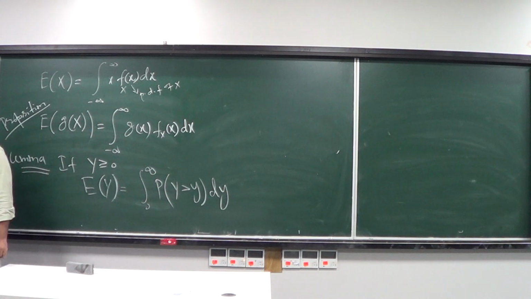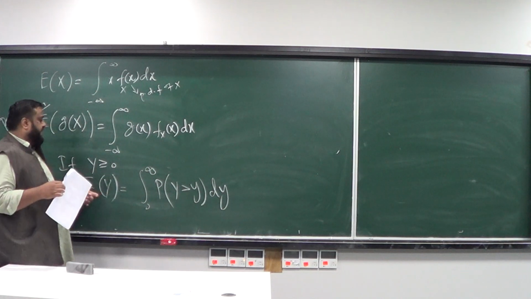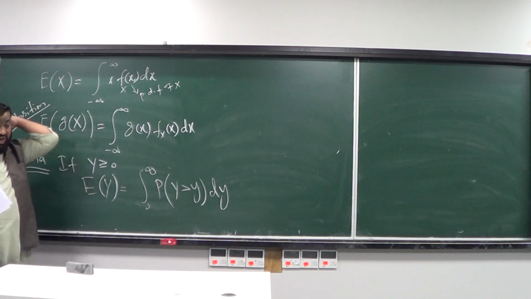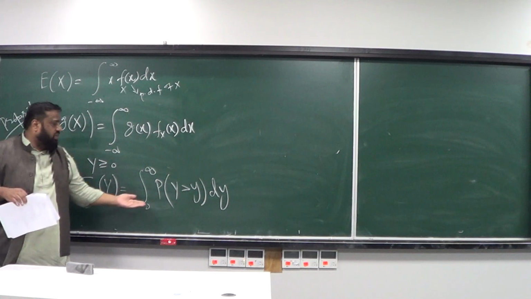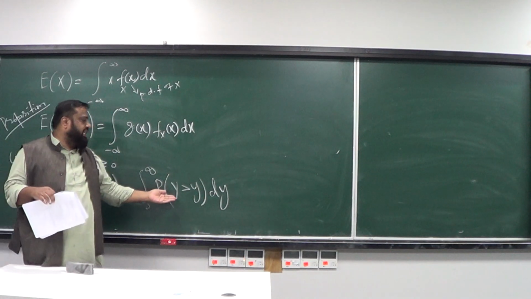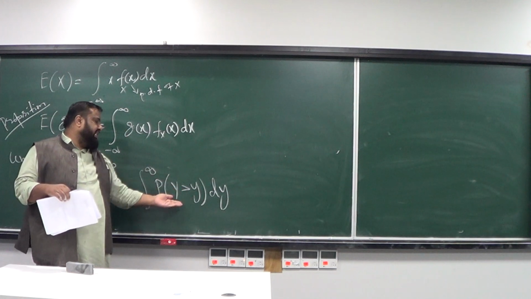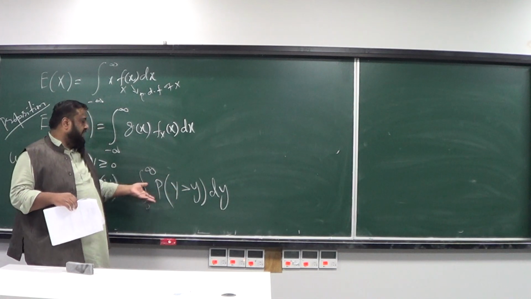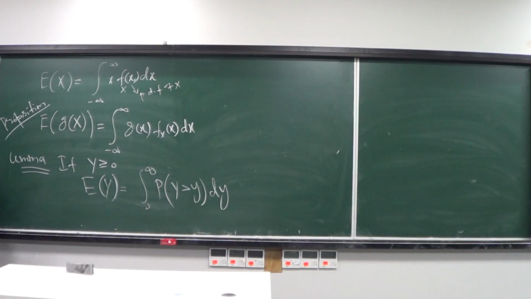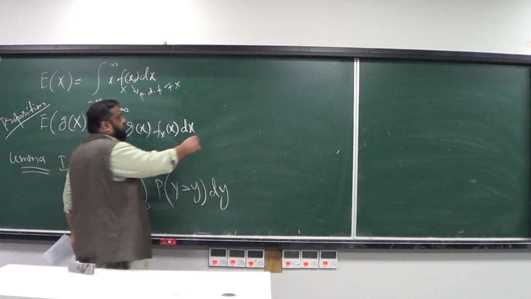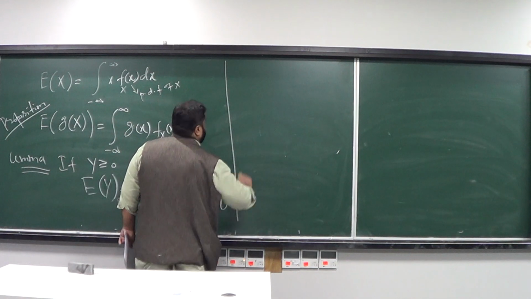This is an alternate formula for computing the expectation of a non-negative random variable Y. You compute the probability that Y is bigger than y and integrate it from 0 to infinity, and that gives you the expectation. Here's a really sharp proof of it. It's a nice small result.